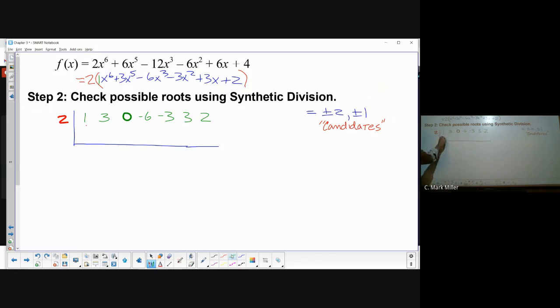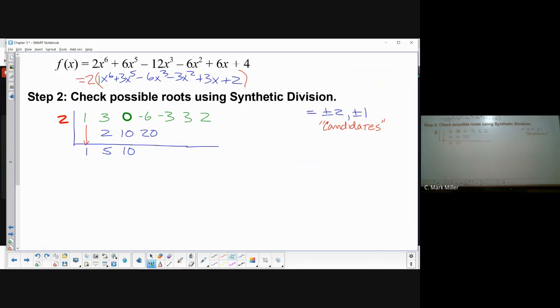You bring down the first number. That's a 1. 2 times 1 is 2. Then you add: 3 plus 2, 5. 2 times 5 is 10. You add: 0 plus 10 is 10. 2 times 10 is 20.